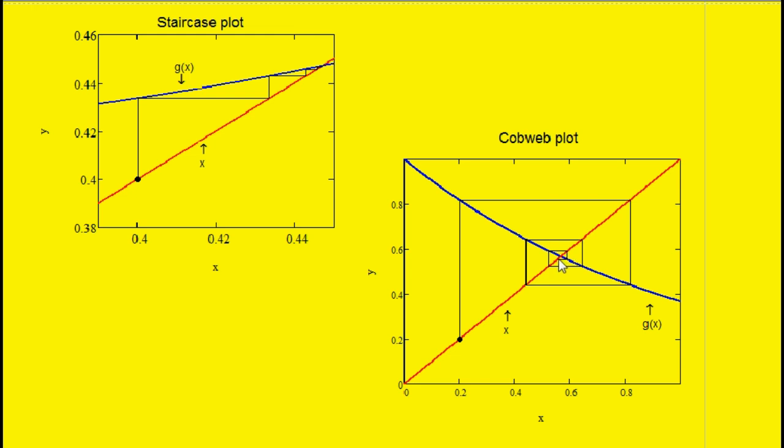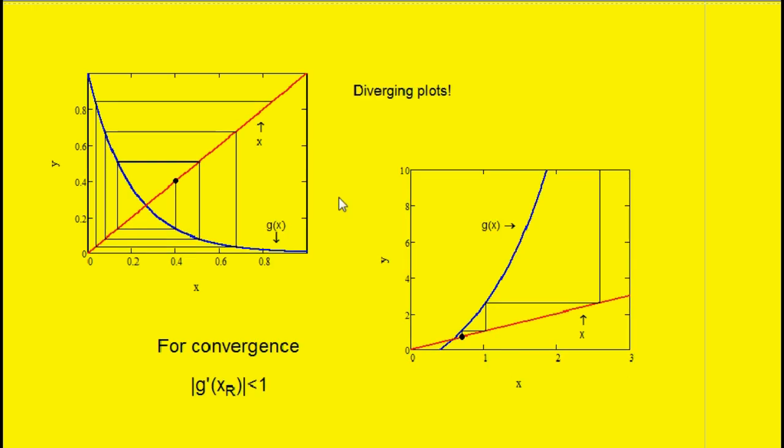And we also need to be aware that our iterations might not converge at all. Both cobweb and staircase diagrams can shoot off to infinity, depending on the form of g of x. Loosely speaking, to ensure convergence, we want the absolute value of the gradient of g of x to be less than 1 in the region of our search.